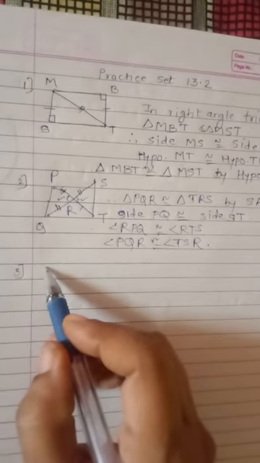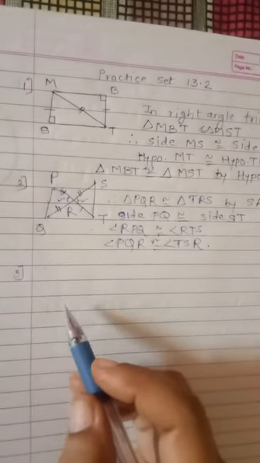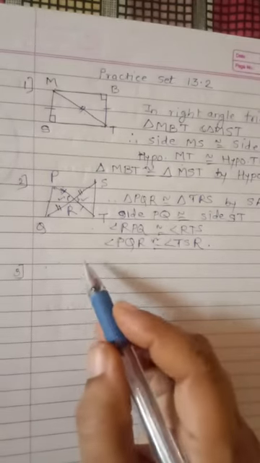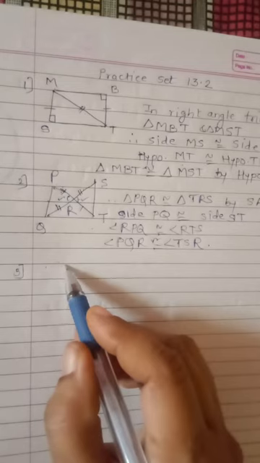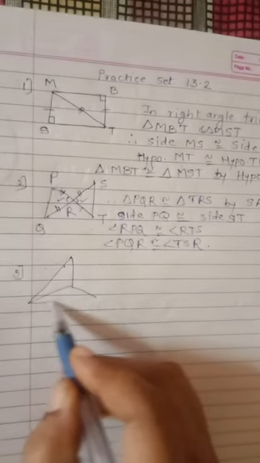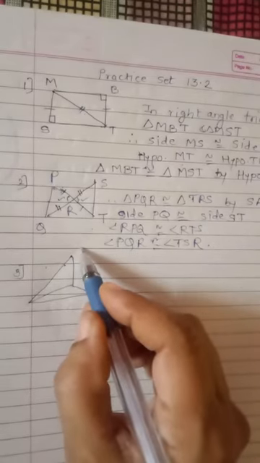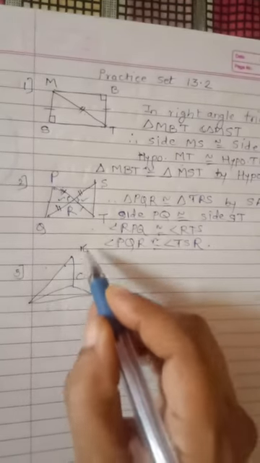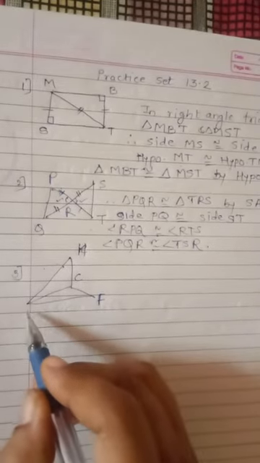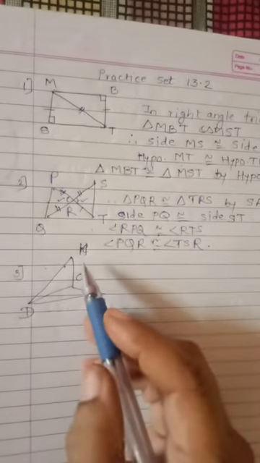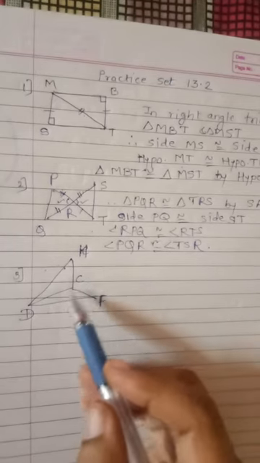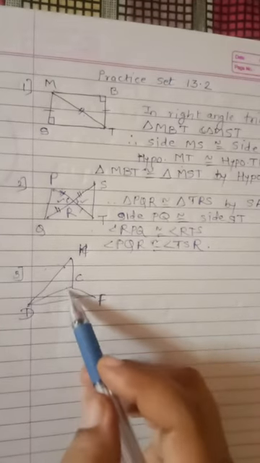See the third figure, angle HDC and CDF. 2 triangles are given. HCF, and this vertex is D. So the first triangle is DCH and DCF.